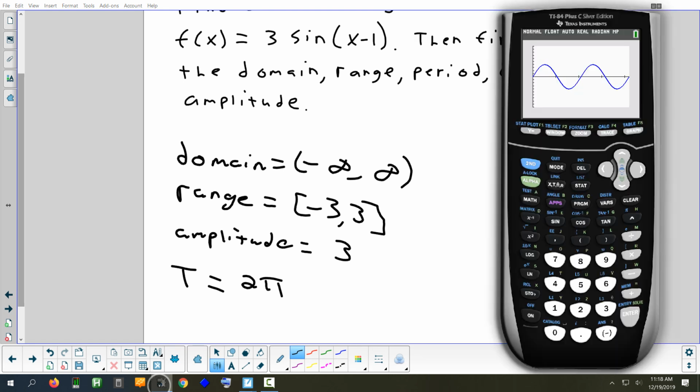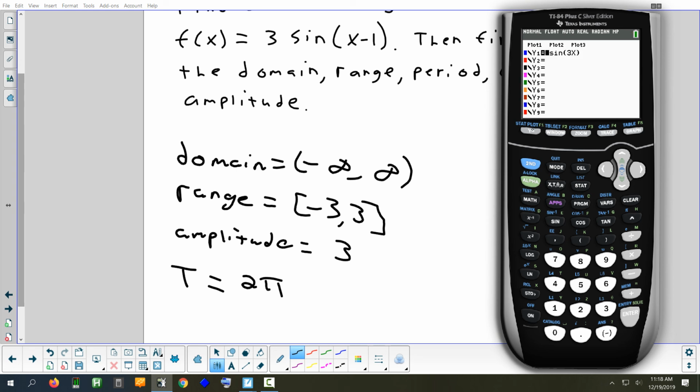Okay, so let's graph it. Let's show 3 cycles. What has to be the width of my window if I want to show 3 cycles? I just pick 3. Yeah. 6 pi. So set any window you want as long as the difference between the min and the max is 6 pi. That's one way to do it.